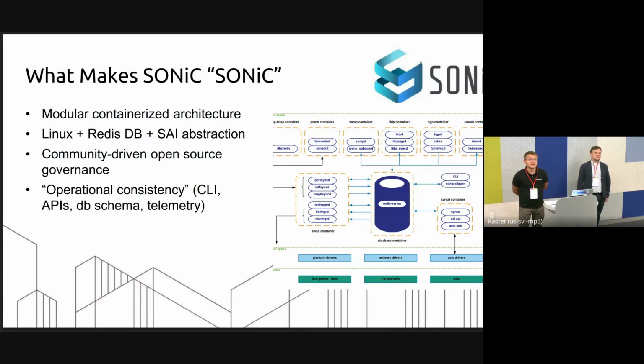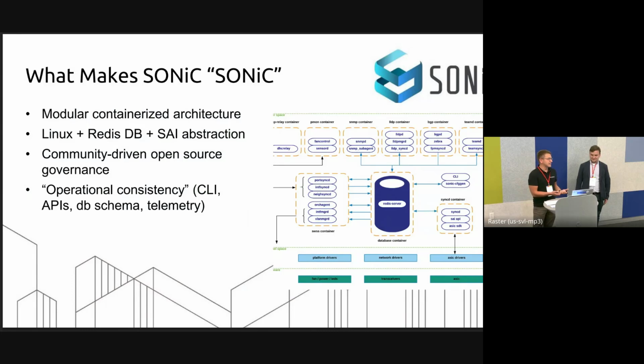A few pillars define that identity: modular, containerized architecture, a Debian-based environment, switch abstraction as a common hardware abstraction layer, Redis as a central database to keep operational and runtime data, and finally, all this should run together. APIs, CLI, telemetry, everything has to be aligned. This combination is what operators expect when they hear the word SONiC.